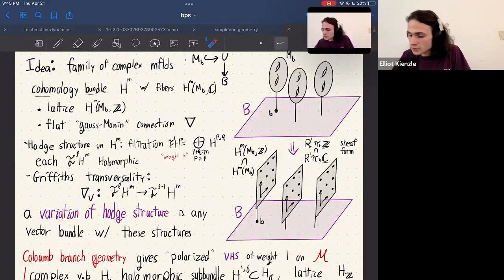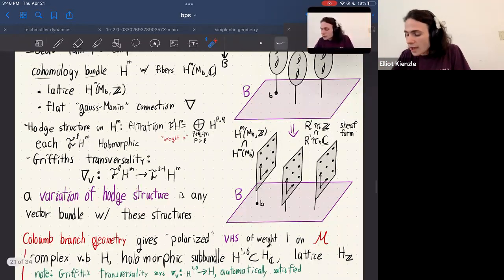So in complex geometry, we can split up these differential forms into their holomorphic and anti-holomorphic parts, which we can arrange into a nice filtration. I'm not going to go into too much detail because we're only going to use very simple versions of these. And the last condition these have is this property of transversality, which says that this flat connection does preserve the whole cohomology.